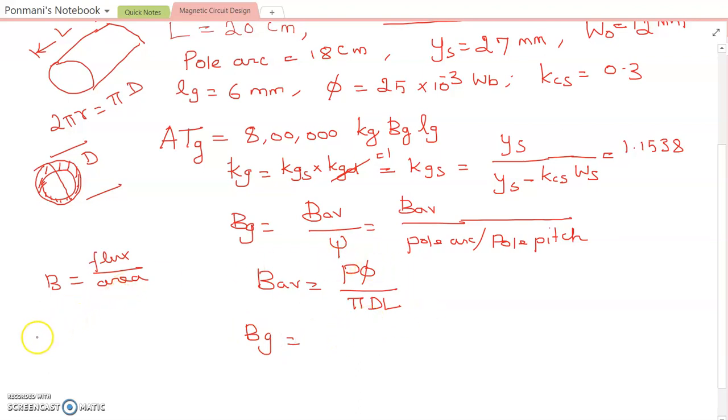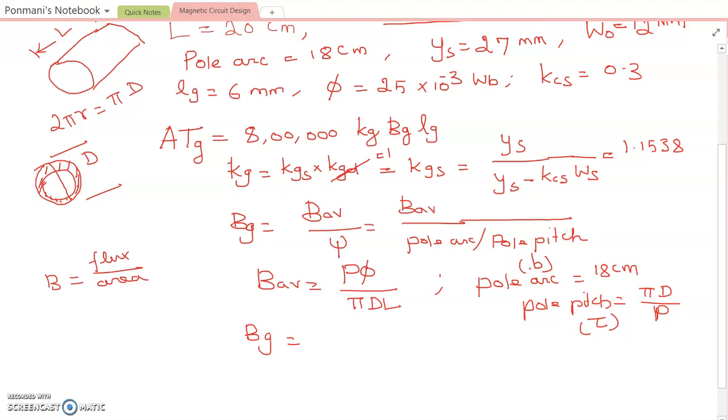The pole arc is given in the problem as 18 centimeters, and the pole pitch formula is pi D by P. The pole pitch symbol is tau, and the pole arc symbol is usually B.